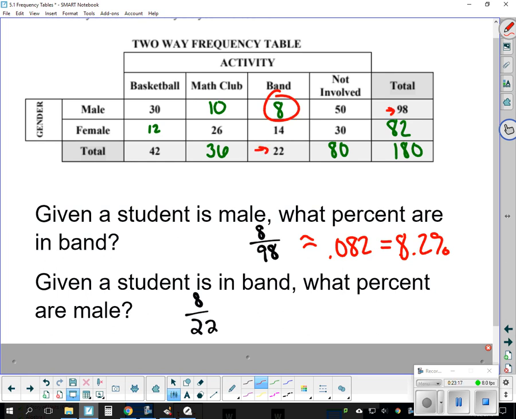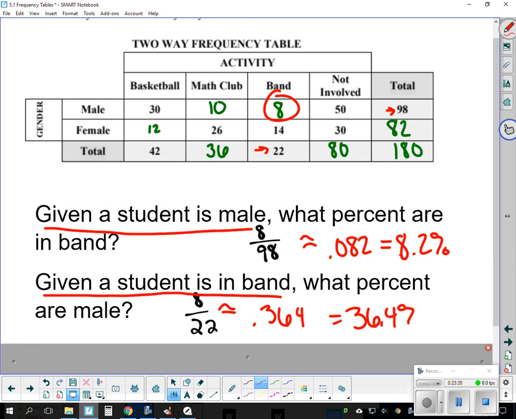And whatever you're dividing by, that is what they're giving you. So the given is what needs to be your denominator. 8 divided by 22 is 0.364. So that would be 36.4%. So you can see how different these answers are. It is so important that you pay attention to what the given part is. That's the denominator. Okay, here you go.